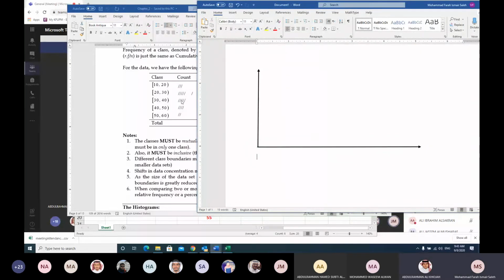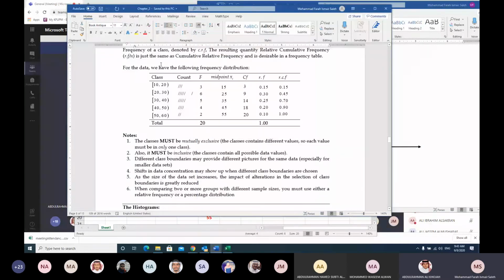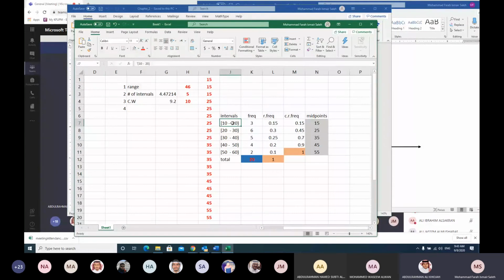Not the midpoint, the end point. The 10 is the lower end point. The 20 is the upper for the first class, but at the same time it's the lower for the second class. Every upper is a lower.